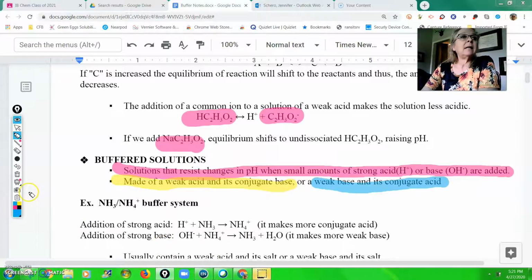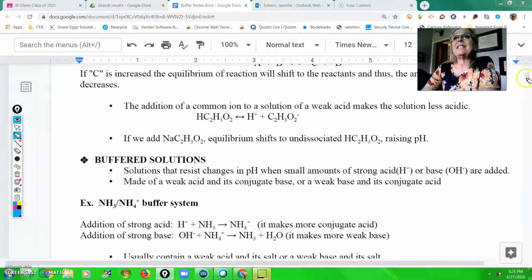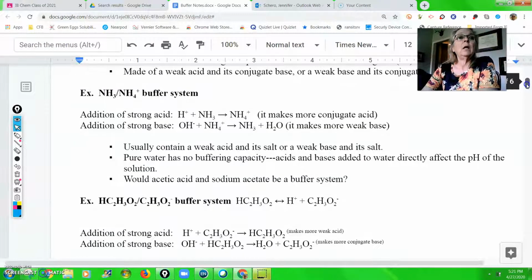Let's take a look at the NH3, so ammonia and ammonium buffer system, so we can see that ourselves. Ammonia is the weak base, and the ammonium is the conjugate acid of that. These equations are referring to, what if we have a strong acid added to the ammonia?